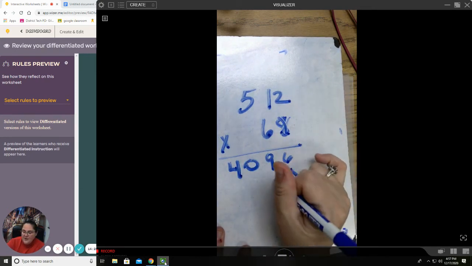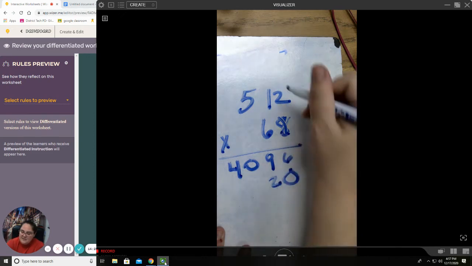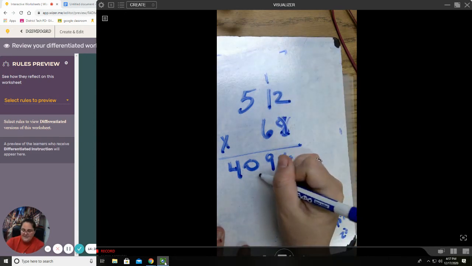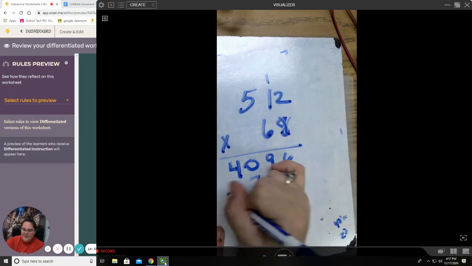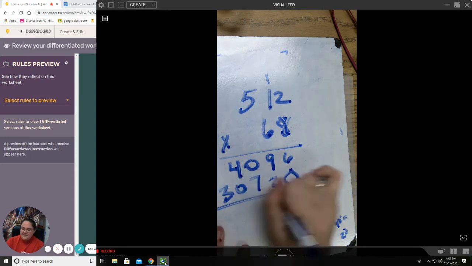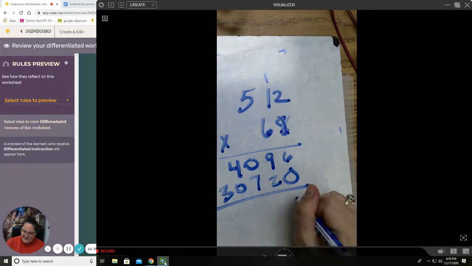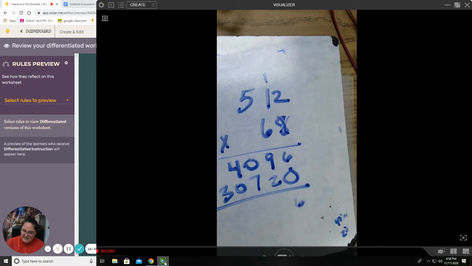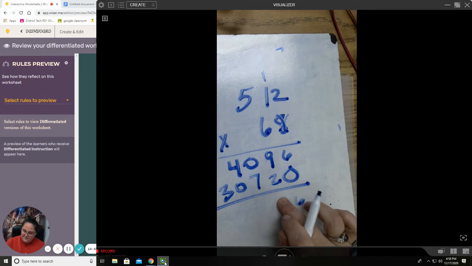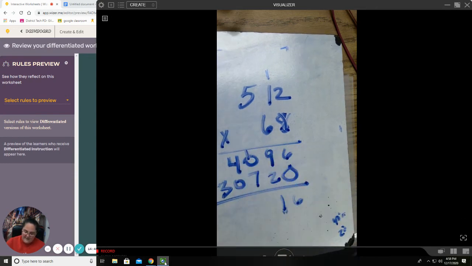6 times 2 is 12. 6 times 1 is 6, plus 1 is 7. And 6 times 5 is 30. Let's add it up. 6 plus 0 is 6. 9 plus 2 is 11. Carry my 1. 7 plus 1 plus 0 is 8.